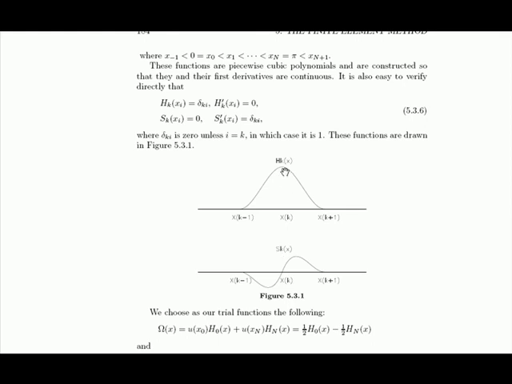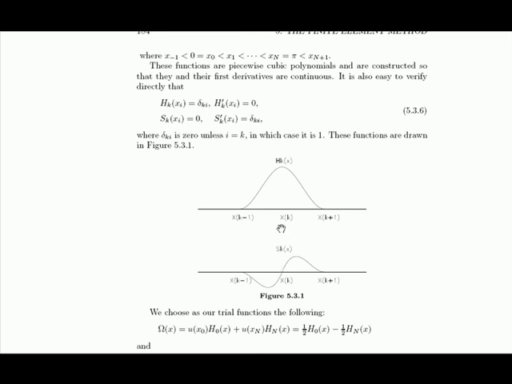The HKs are piecewise cubics, different cubics in each subinterval, but they're chosen so that HK is equal to 1 at its point xk and 0 at every other point, and its derivative is 0 at every point. On the other hand, the SKs are piecewise cubics which are 0 at all points, and whose first derivative is 0 at all points except its own point.